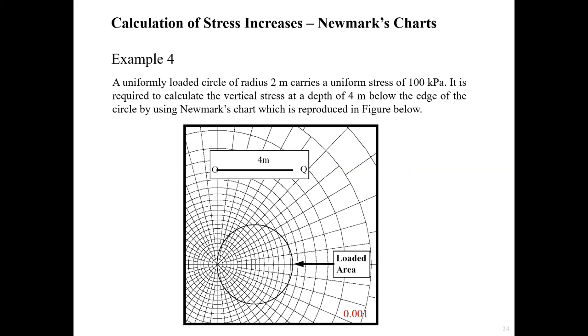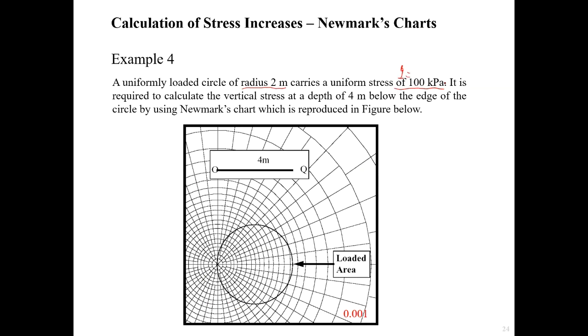Now I will demonstrate how the Newmark's chart is applied by way of an example. Here we have a uniformly loaded circle, a circular loading area with a radius of 2 meters and q equal to 100 kPa.